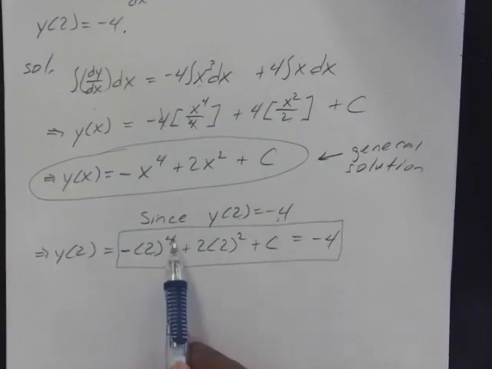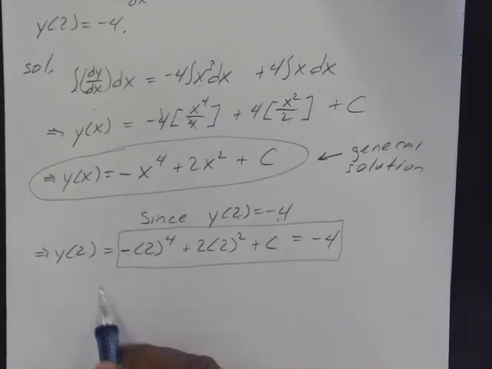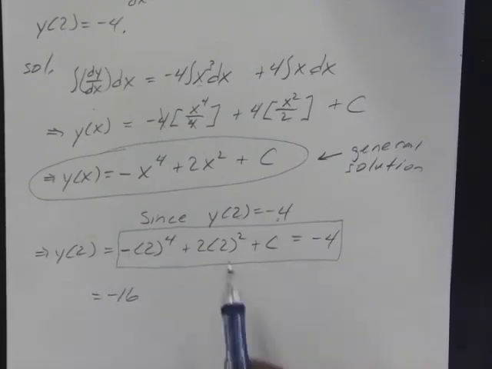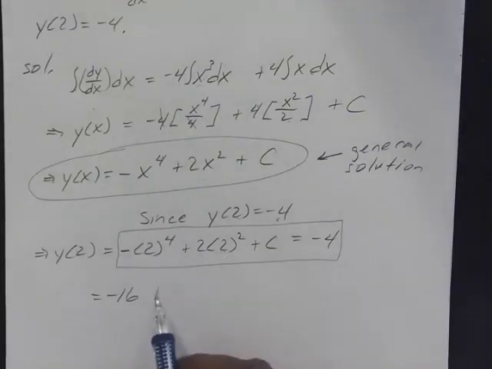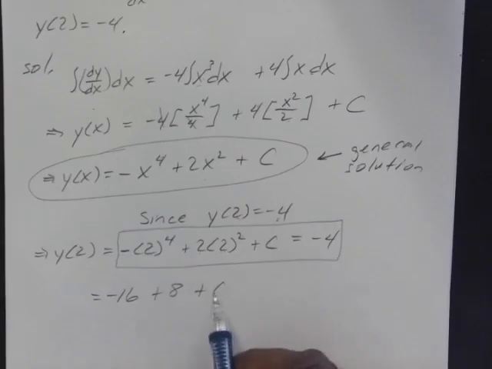Okay, so 2 to the 4th power is 16, and that's negative, so that's negative 16. We have 2 squared, which is 4, times 2, which is 8, plus c is equal to negative 4.